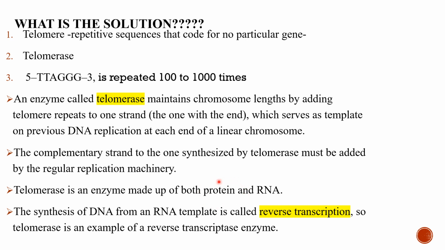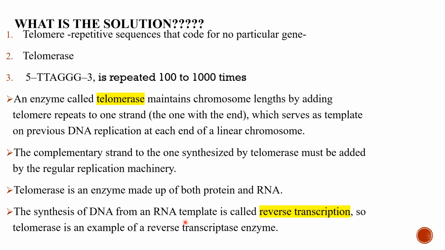One is a protein component which is going to act as an enzyme and catalyze the polymerase reaction, and the second component is RNA, and this RNA will provide the template. In normal DNA replication the parental strand itself acts as the template, but here the RNA component of the telomerase enzyme will provide the template. So understand this point. The protein part of telomerase is acting as the catalyst, and the RNA part is providing you the template.